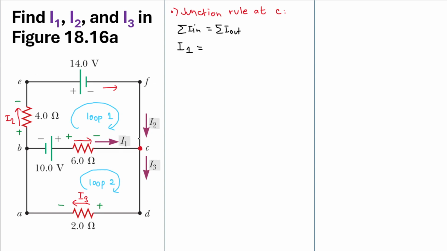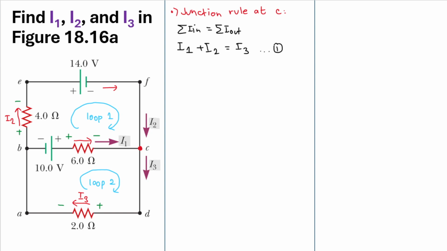So I1 goes in and I2 also goes in. So I will have I1 plus I2, and that will equal the current that goes out, which is I3. So I1 plus I2 is equal to I3. I think there is nothing more we can do from here. Let's save this as equation number 1.